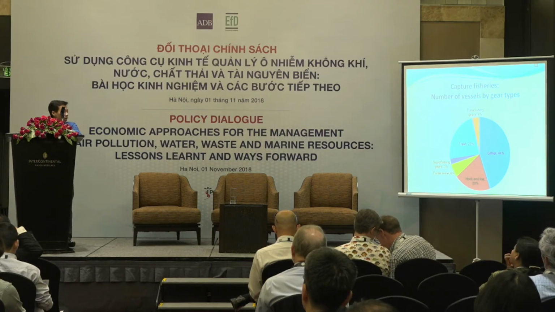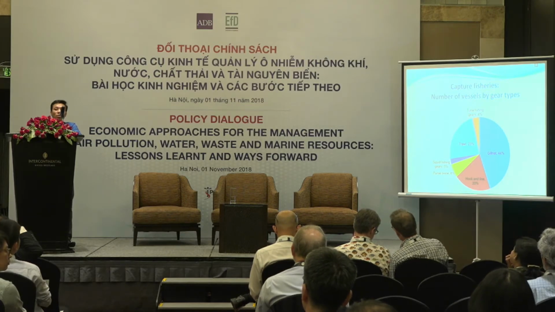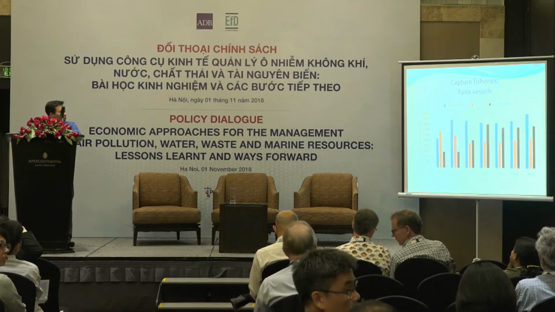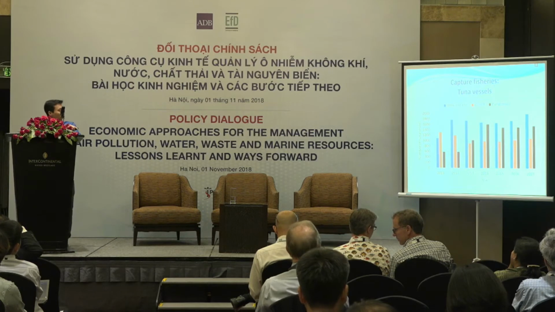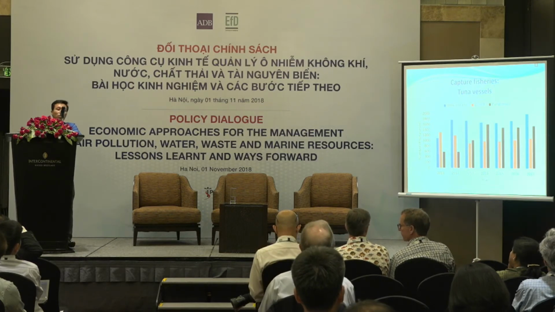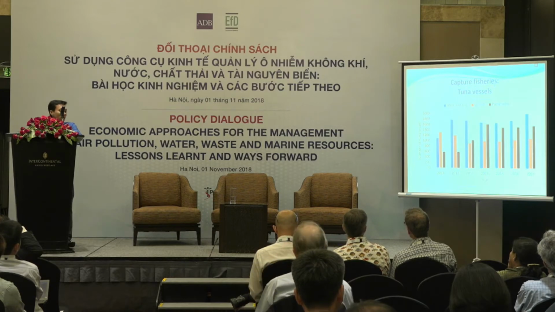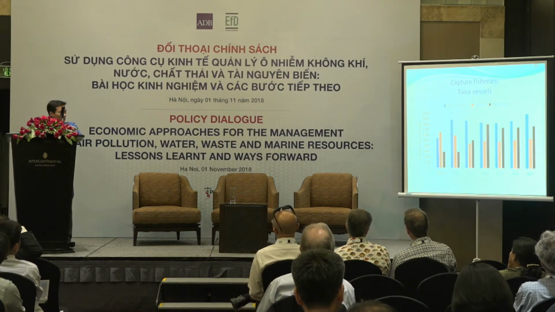In Vietnam, I'm coming back to the tuna fishery. I think it's a very important economic fishery in Vietnam. This is oceanic tuna in Vietnam. We have 5% of the total fleet, and this is the number of vessels.